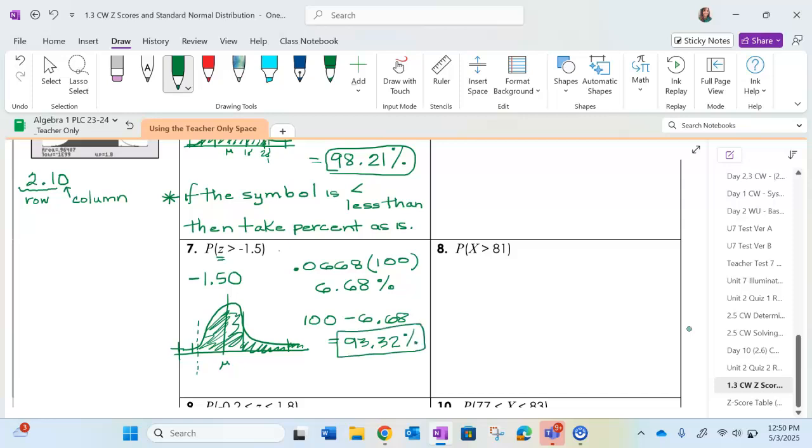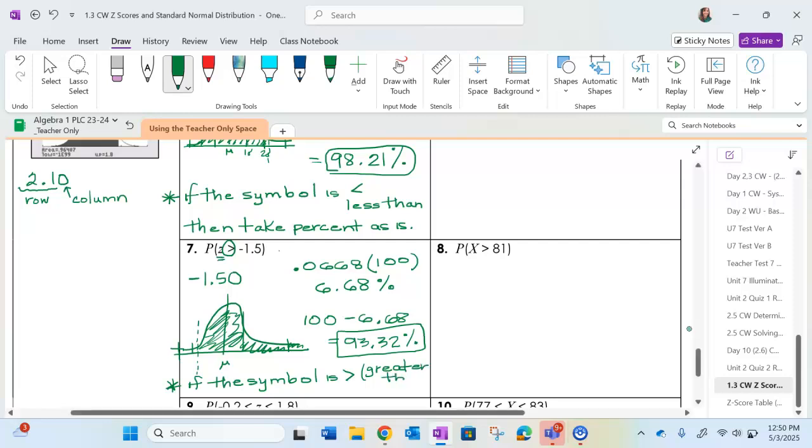So you have to do something when it's greater than, like this symbol right here is greater than. Okay, so here we go. We're going to write us a little note. If the symbol for z-score, only for z-score, okay, is greater than, so this is greater than, so make sure it says it.